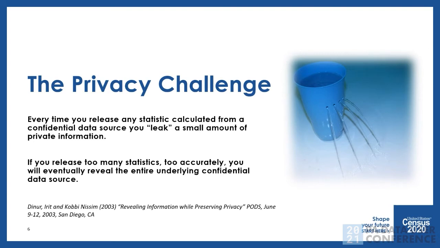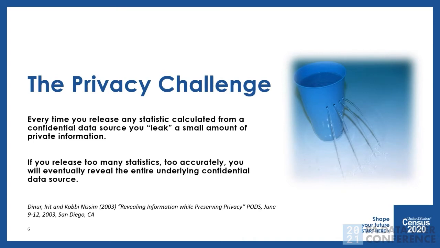But in order to support these myriad and diverse uses of census data, it requires us to publish an enormous amount of statistics and tables, often at very fine levels of granularity of characteristics and geographic specificity.